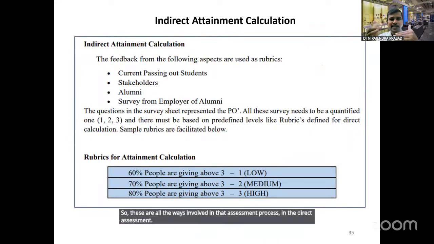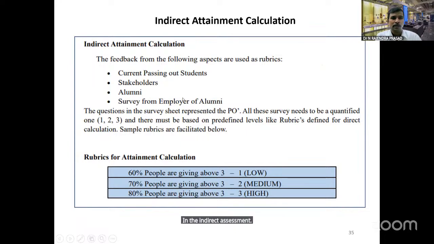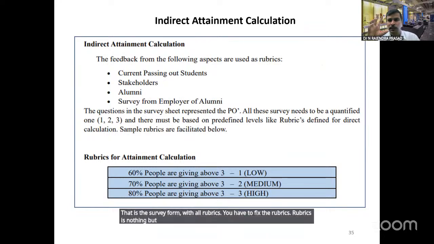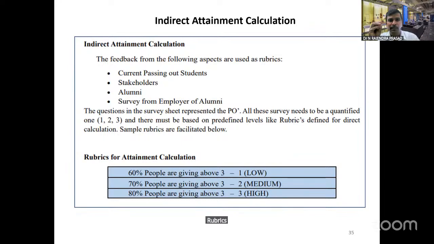In the indirect assessment, what do you do? You have to circulate a feedback form, that is the survey form, with all rubrics. You have to fix the rubrics. Rubrics is nothing but an indicator to measure the performance level of a learner. That's it.